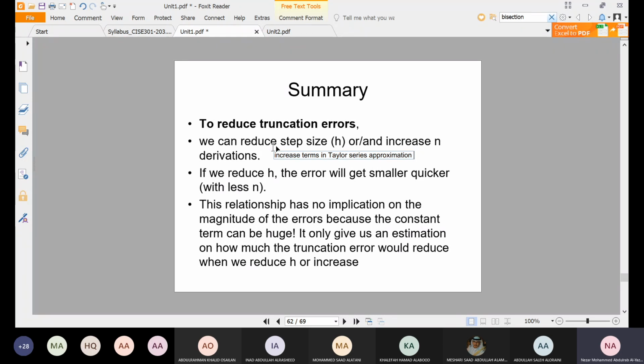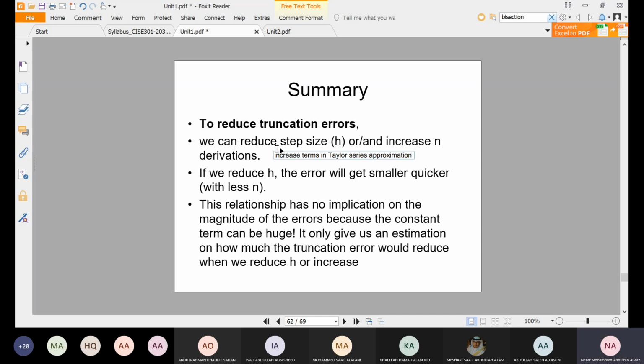In this case, we can reach the exact solution. Sometimes for some functions it is difficult to get the derivative, so if we have a large error, we might enhance our estimation by reducing the step size.